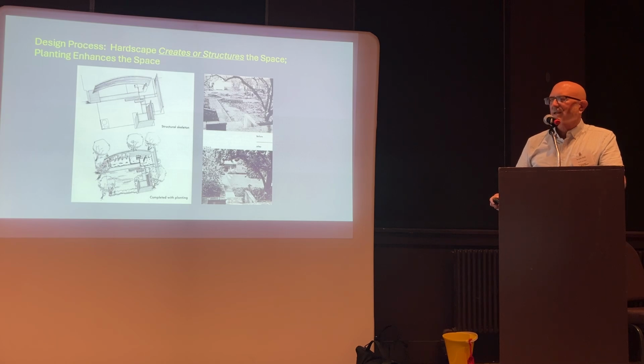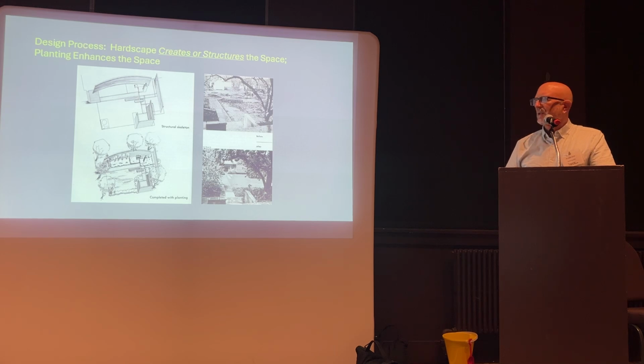This is not that same garden, but this is a terrific diagram he did showing how a hardscape defines the space. So on the upper picture, we see the structural skeleton of the garden, and it's very clearly defined with the walls and the floor. In the lower space, planting has enhanced it, and that's key.